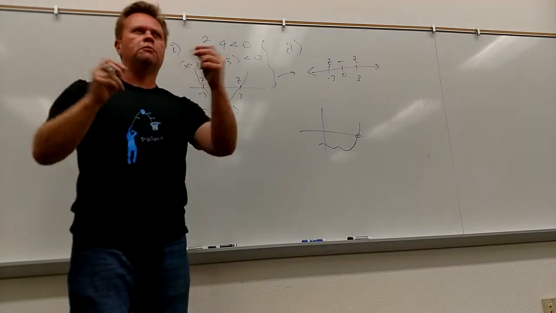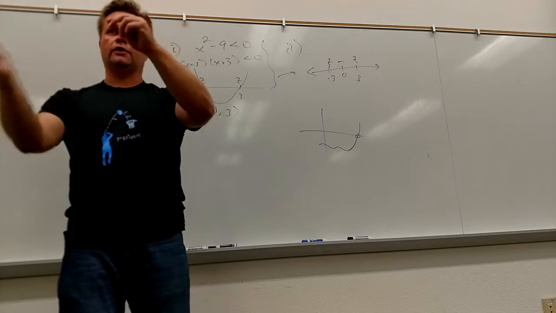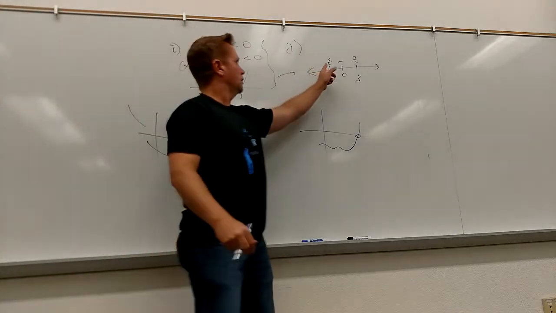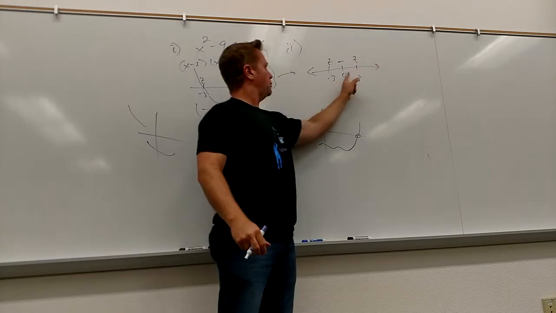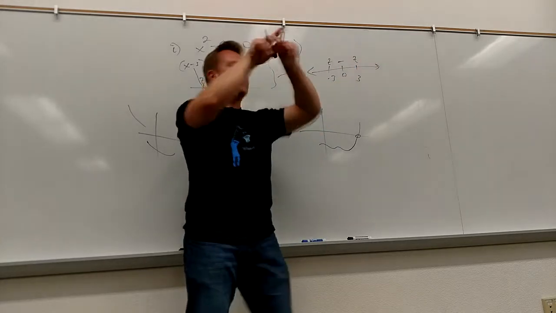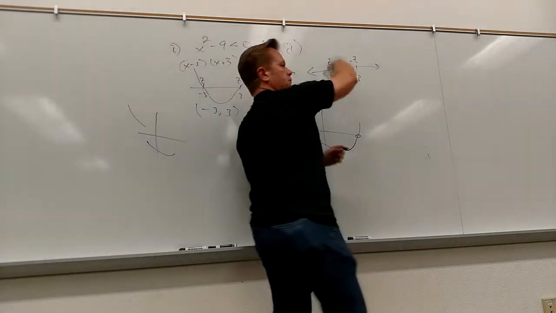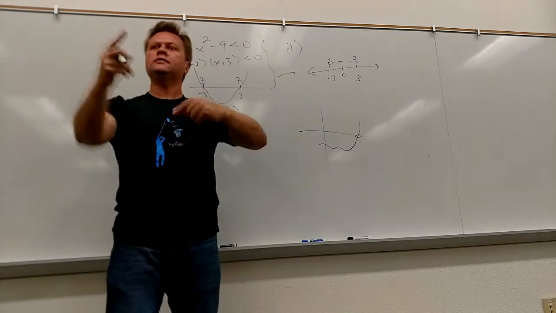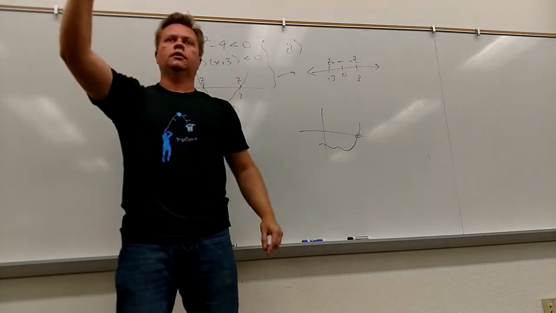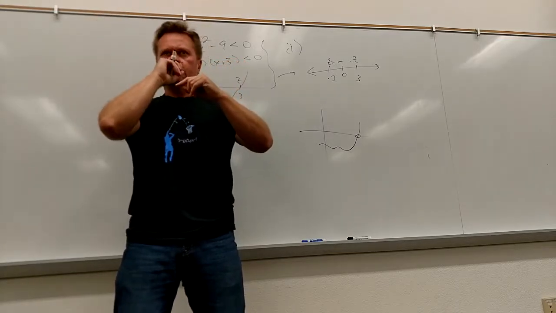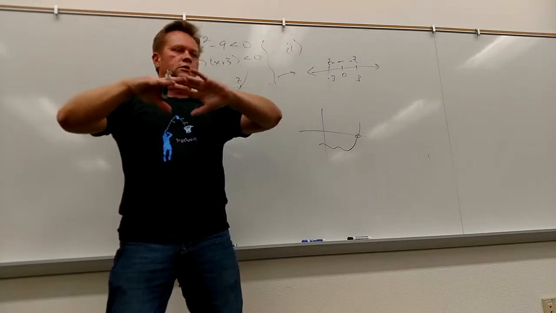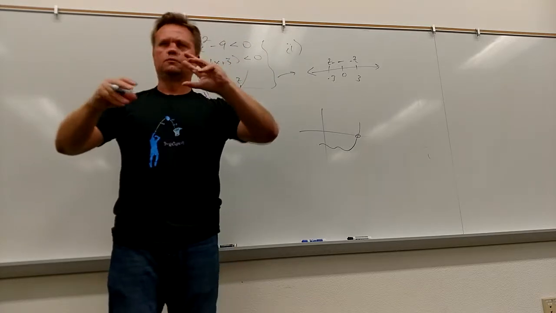So where are the only places it could go from being negative to positive or vice versa? Around here or around here. So if I put one number in, I know it's negative everywhere in here, because the only way it can become positive is to go through the x-axis. I like this idea of doors through the x-axis. If you're going on to pre-calculus, this can become huge.